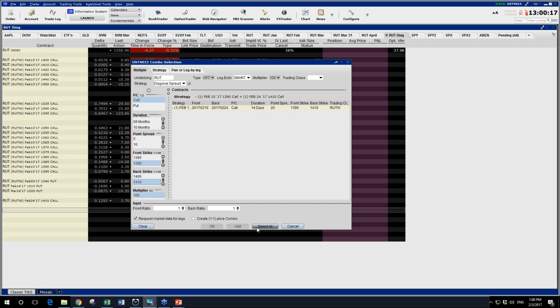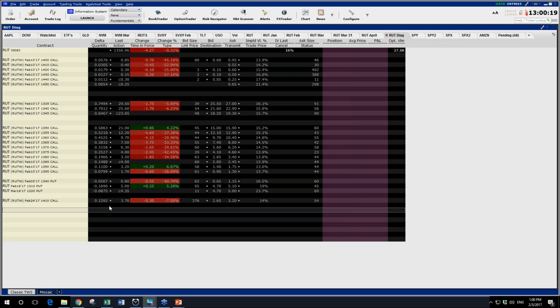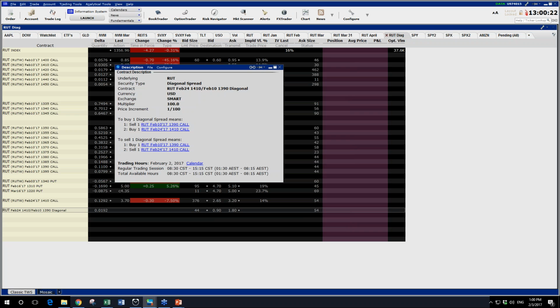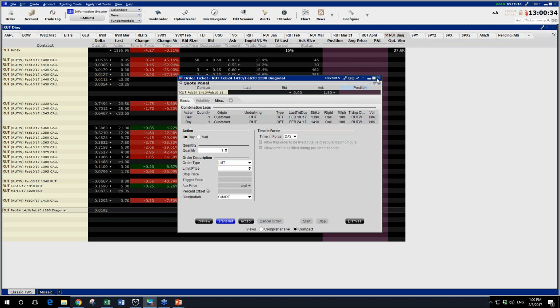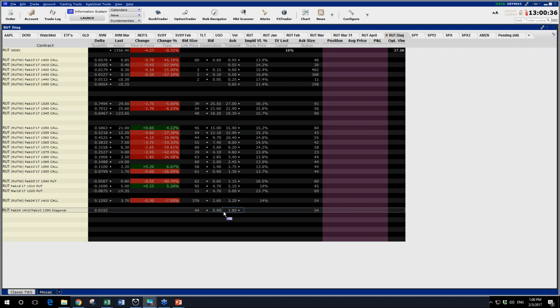Back strike 1410. So we can add that in. So again, if we're buying one diagonal spread, we're selling the Feb 10 1390. We're buying the Feb 24 1410. So we'd want to buy this one. Midpoint is going to be about $1.45 or so, $1.50. So probably around 3 contracts gives us our $1.50 or so.